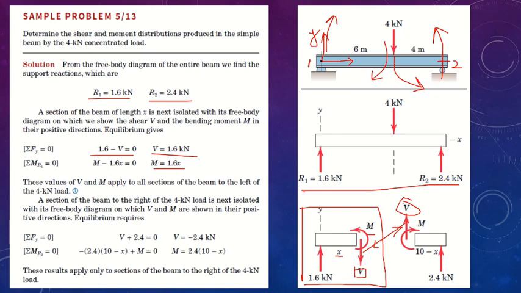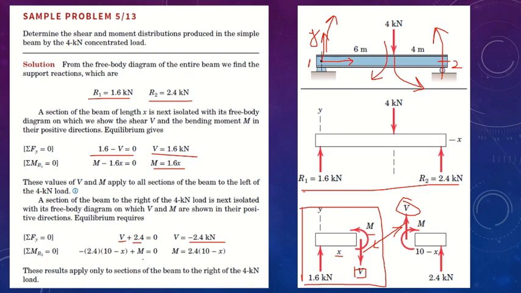Now we are going to talk about the moment generated at this side. We know that it is 2.4 times (10 minus x), where 10 is the total length of the beam. At any distance x it will generate a counter moment. It has to be equal and opposite to this moment, and we have derived the second equation of moment.